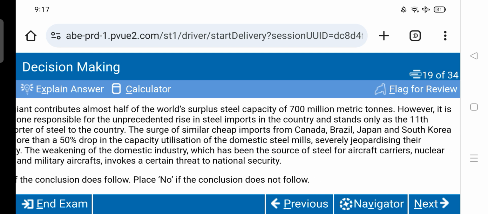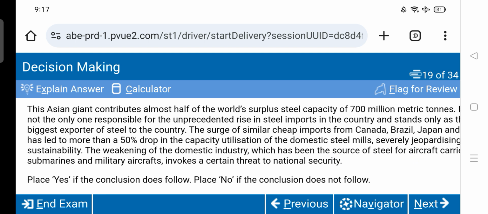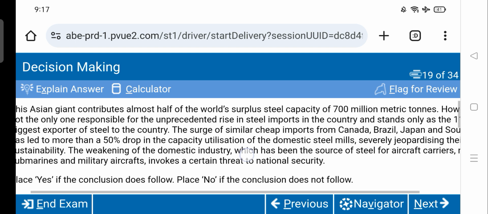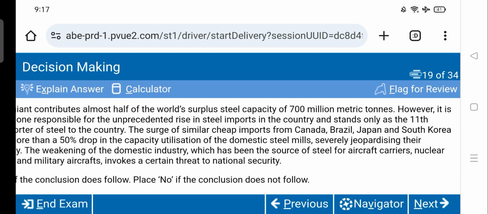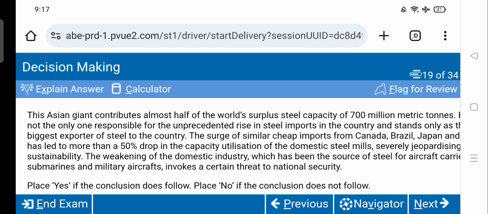The surge of similar cheap imports from Canada, Brazil, Japan, and South Korea has led to more than a 50% drop in the capacity utilization of the domestic steel mills, severely jeopardizing their sustainability.